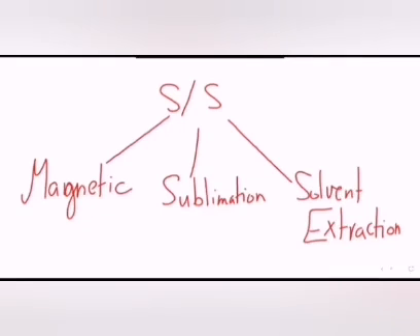For the sublimation method, if we have a sublimable material mixed with a non-sublimable one, sublimable chemicals that we have in the syllabus are iodine crystals, the solid dry carbon dioxide gas, which is the dry ice, the ammonium chloride, the ammonium carbonate, iron 3 chloride, and aluminum chloride. These are all sublimable materials.